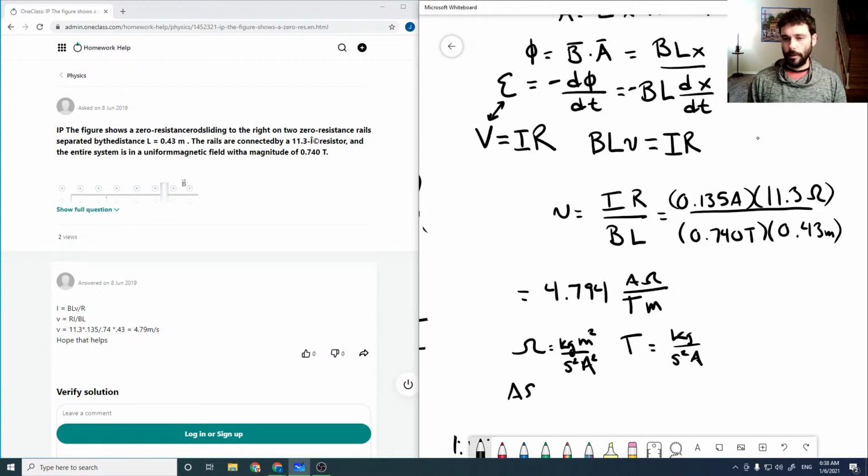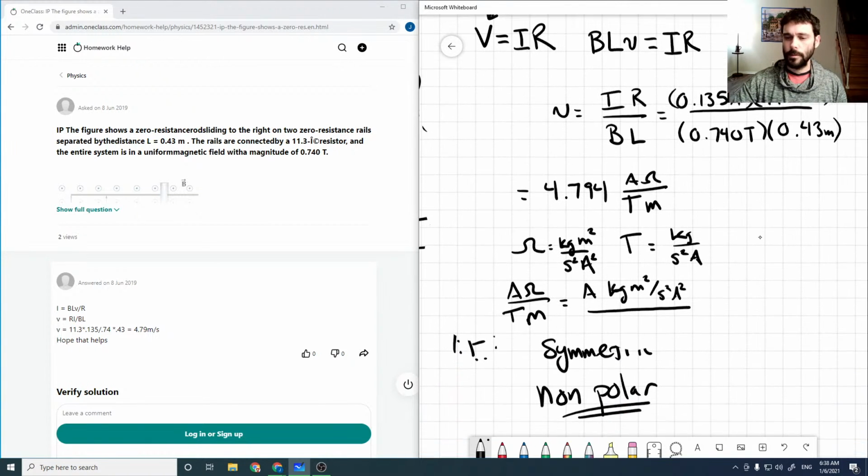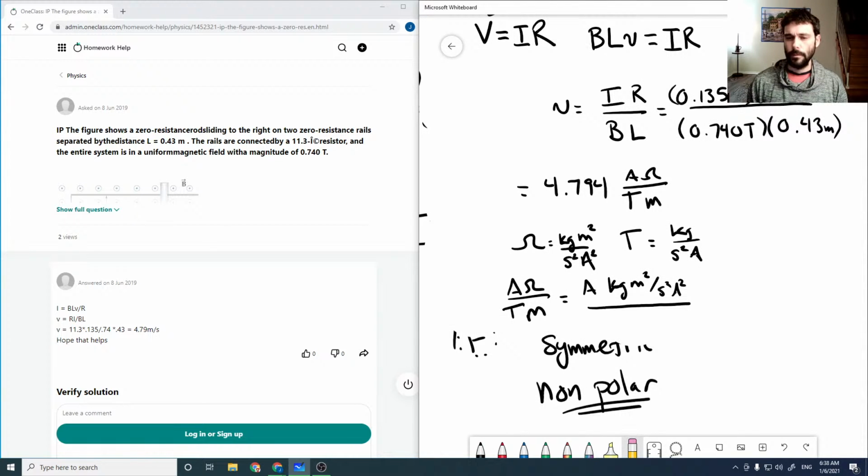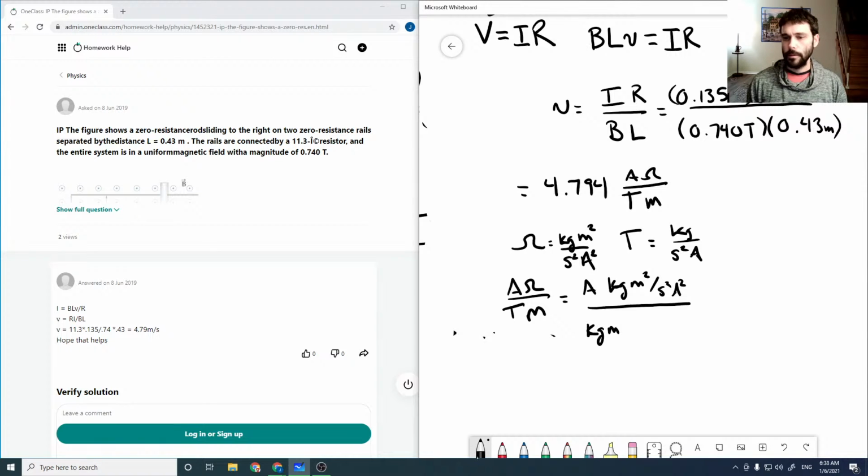So an amp ohm per Tesla meter is an amp kilogram meter squared per second cubed amp squared, all over kilograms per second squared amps meters.